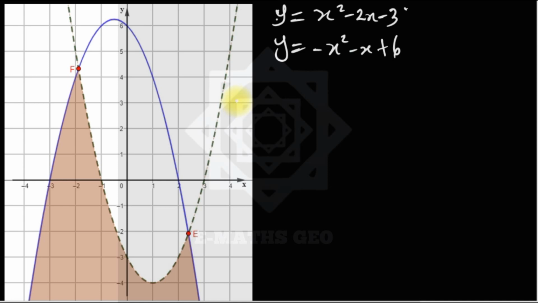So as you can see, the first one is the dotted curve, while this is the solid curve.